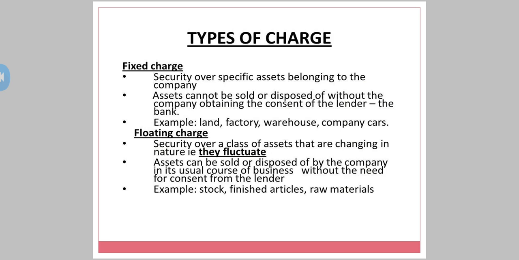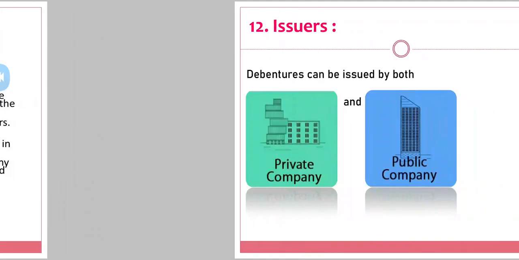See, the examples are stock, finished articles, or raw materials, where the price may hike or the price may get reduced. At that time, those assets where the prices are fluctuating are considered under floating charges when kept as a charge on assets with the debenture.